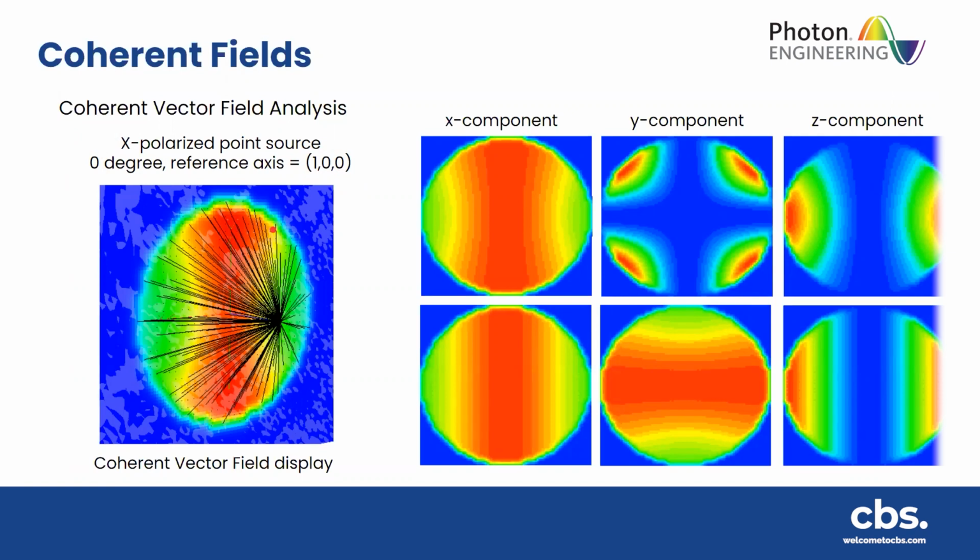What FRED can do, though, is if you plot the coherent vector field analysis, instead of just a simple radiance or something like that, you actually have the ability to look at the individual EX, EY, EZ components. And that allows us to really understand the coherent field for each component.